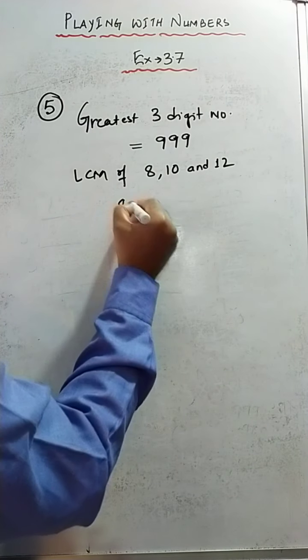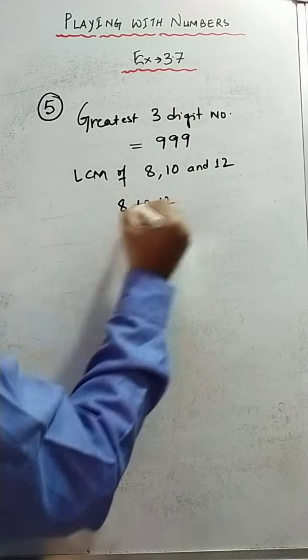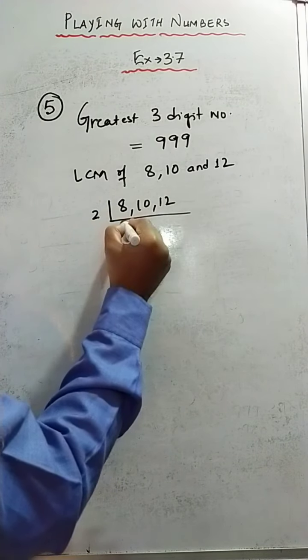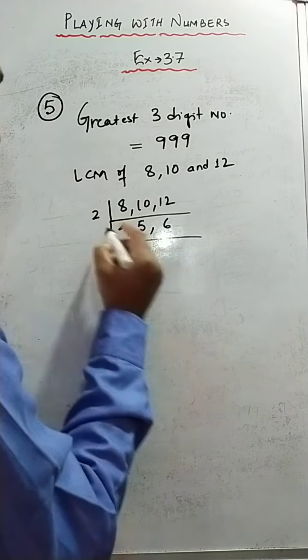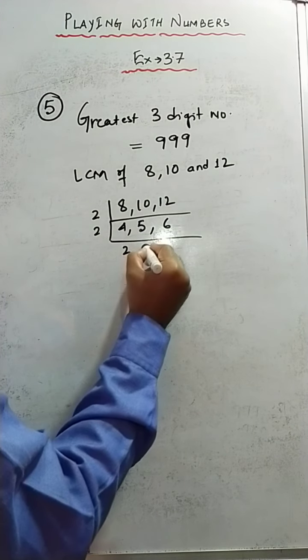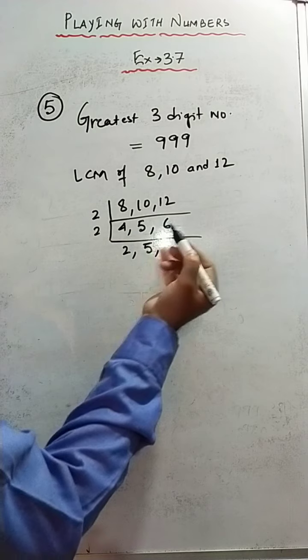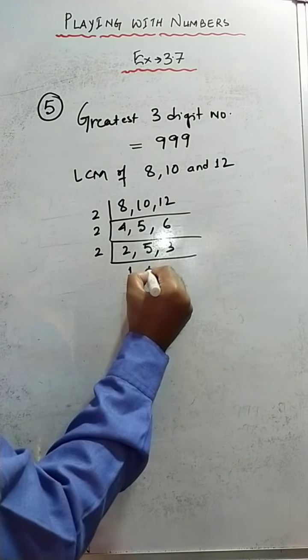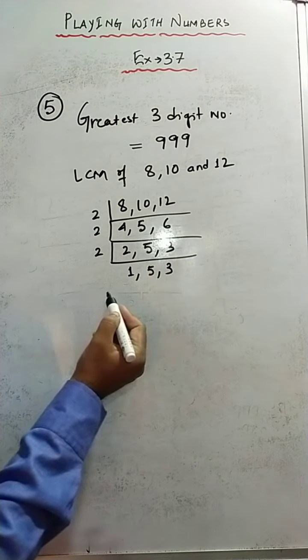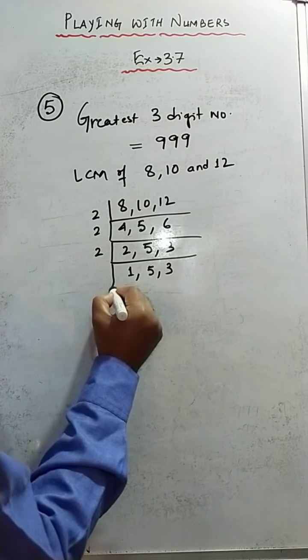So we'll go with the division method. We'll do it together only. So 2 4s are 8, 2 5s are 10, 2 6s are 12. Again 2 2s are 4, 2 it is not divisible, 2 3s are 6. Now again there is one number which is divisible by 2 and the rest of the numbers are not divisible, so we'll write it the way it is.